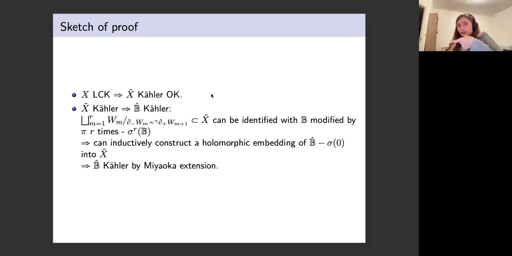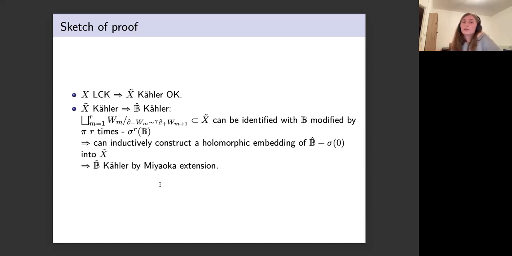If you take one domain, you modify it once and then you take out sigma of B. If you glue two copies, you composed this modification 2 times and then took out sigma of B again, but of a smaller ball. And if you do this r times, you have done this r times and you took out a smaller ball. Using this description, you can inductively construct this embedding of your modified ball inside this universal cover.